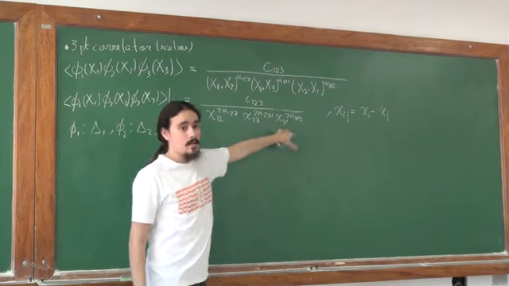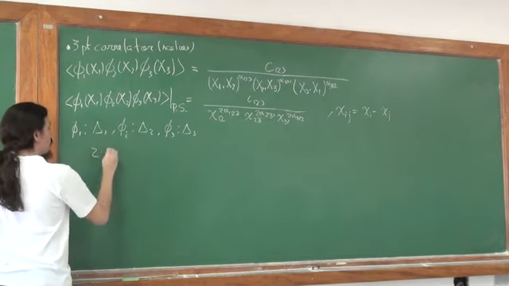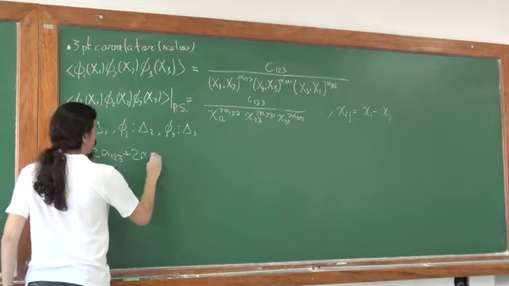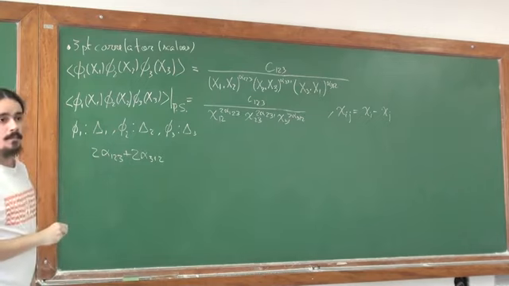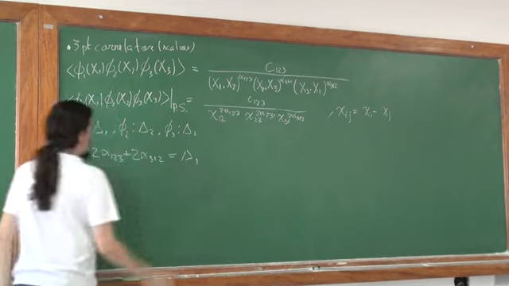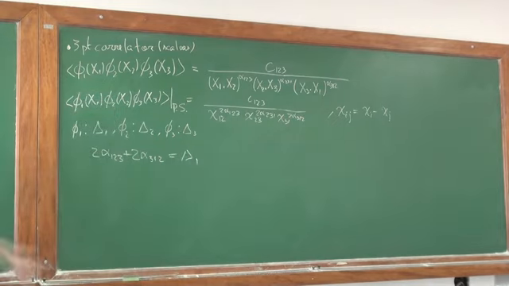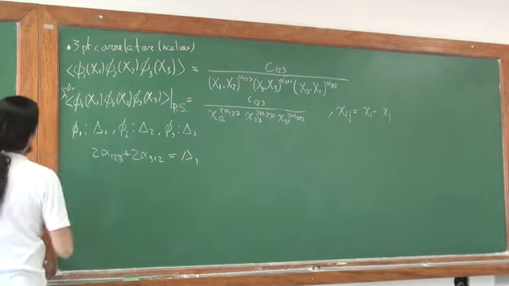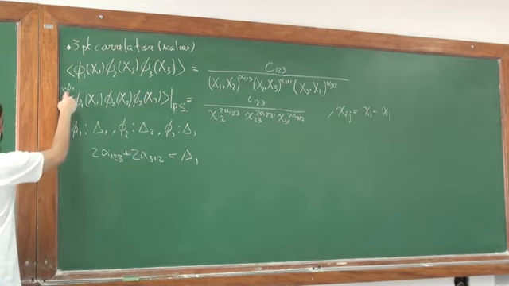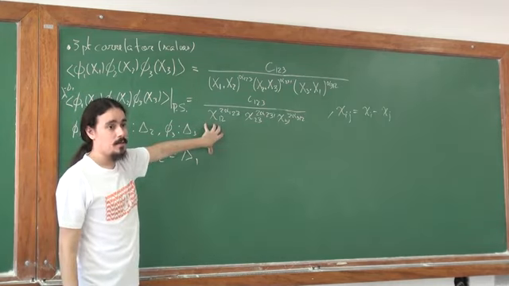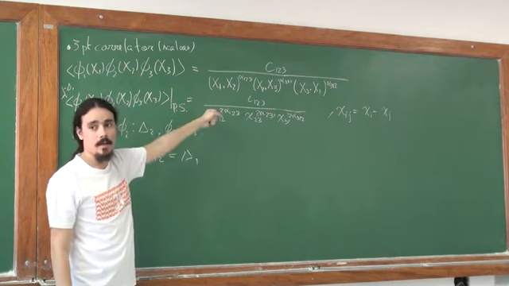Their powers are 2 alpha 1, 2, 3 plus 2 alpha 3, 1, 2. These powers must match delta 1. If I do a scaling by a factor of lambda, I end up with a lambda to the power of minus delta 1 that should be reproduced in this side, with the powers that they have.